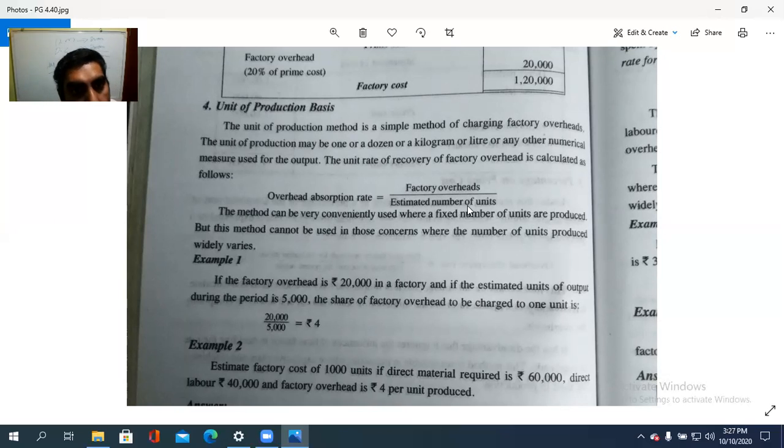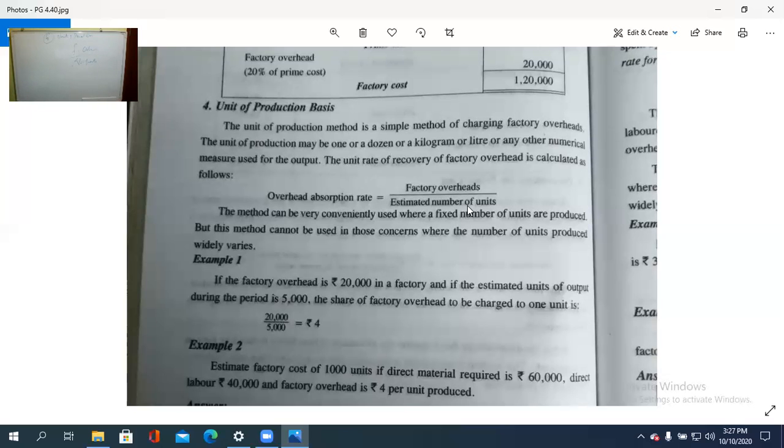Fourth is unit of production basis. That is the number of units produced. How many units are being produced? So the fourth, unit of production basis, is factory overheads divided by number of units.